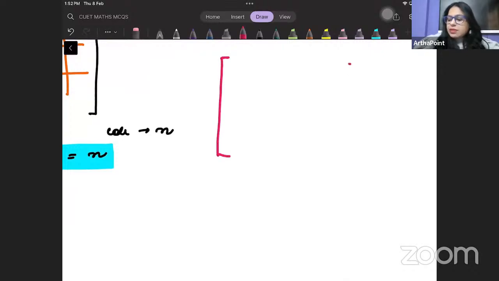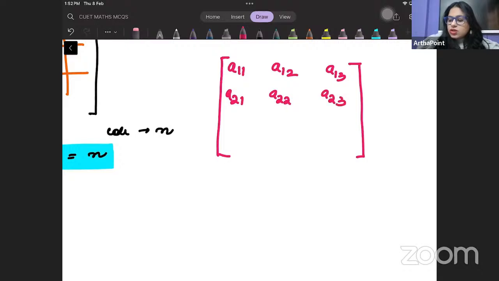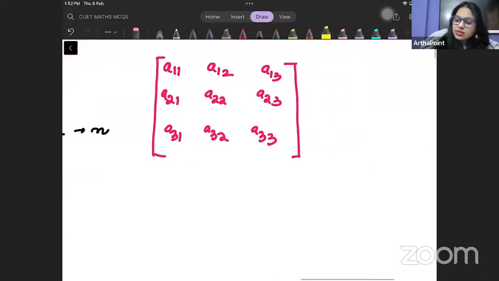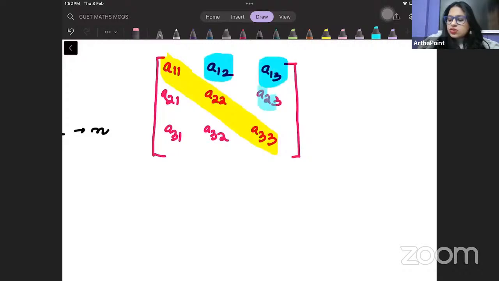If I am writing my matrix, beta, look carefully, this is A11, A12, A13, A21, A22, A23, A31, A32, A33. I have written it like this. I am saying I want these to be non-zero and everything else should be zero.